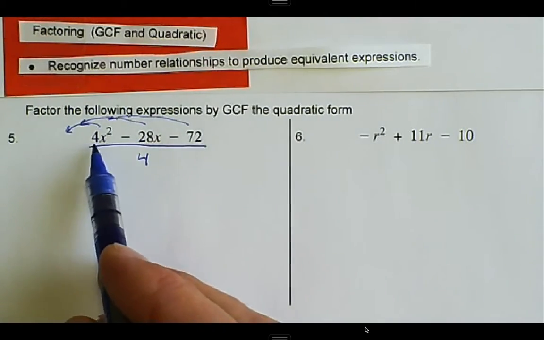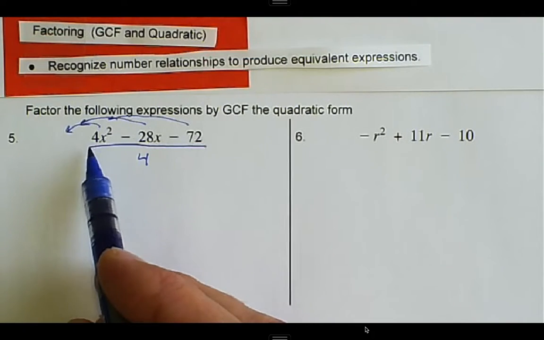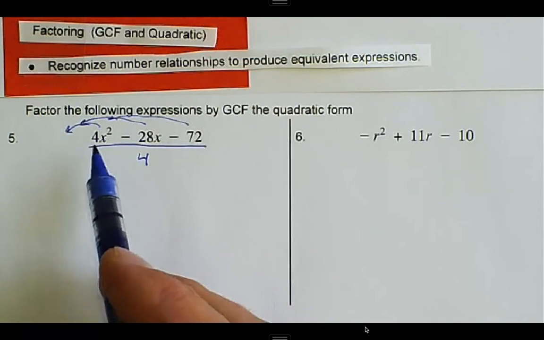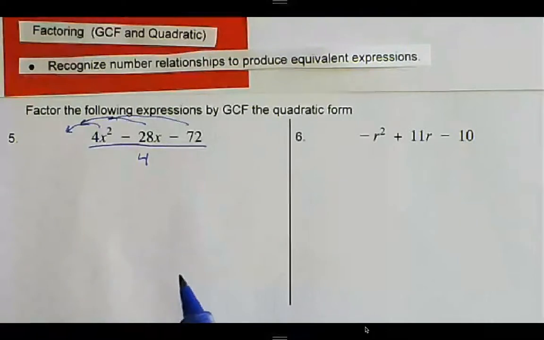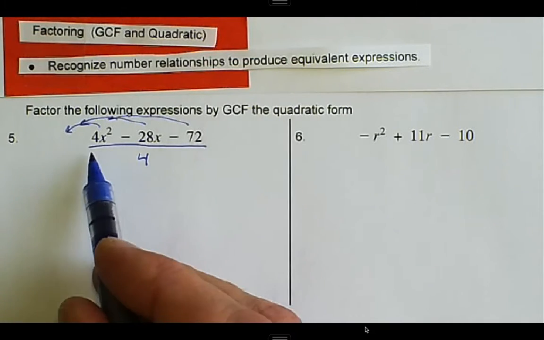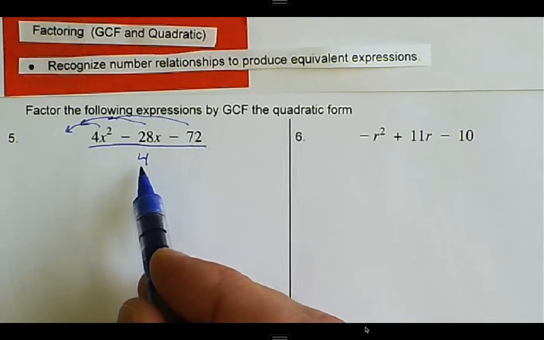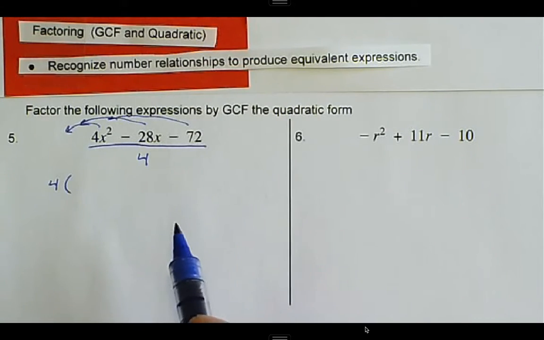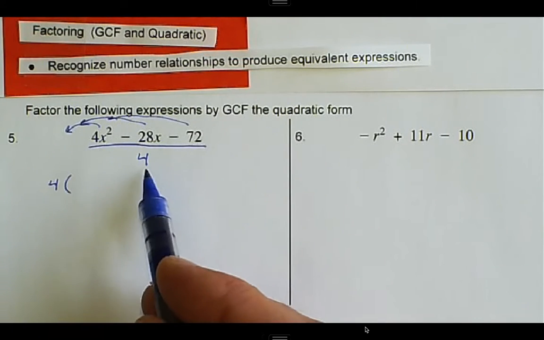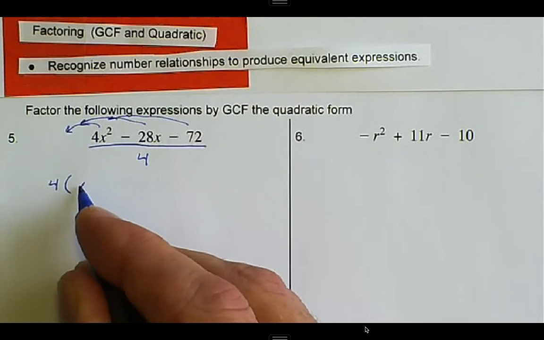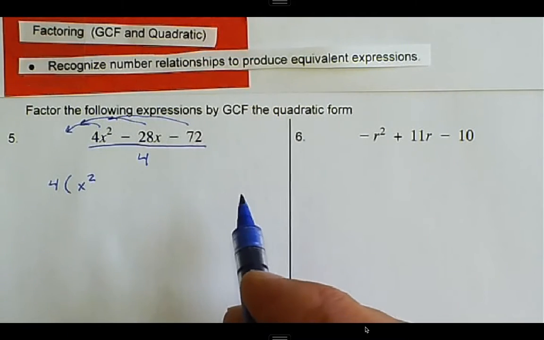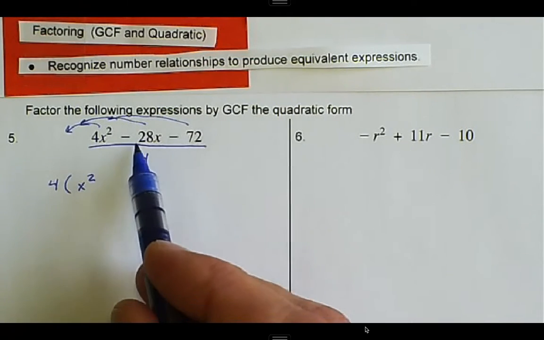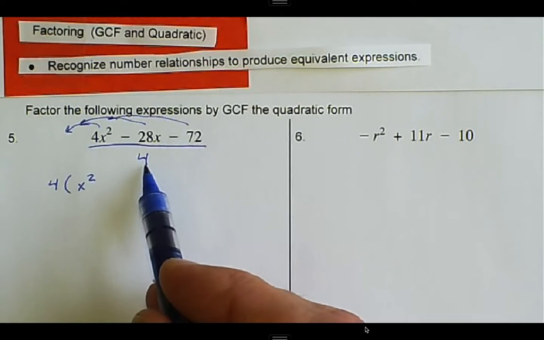We also want to make sure that we have a lead coefficient that's positive. So the goal is to have it be positive and to be 1. So 4x squared divided by 4, we bring the 4 out front of our parentheses, and 4 divided by 4 is 1, so that just leaves us with x squared. Next up, we have negative 28x divided by 4.